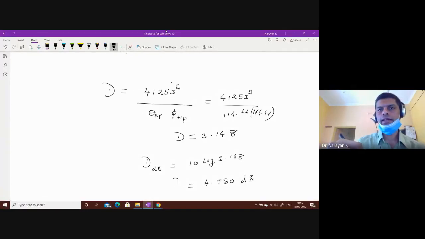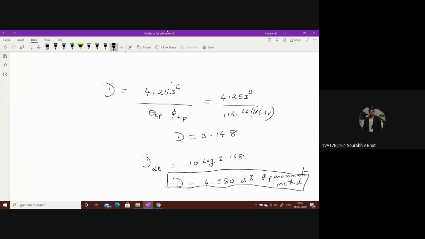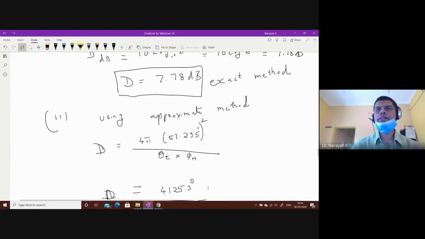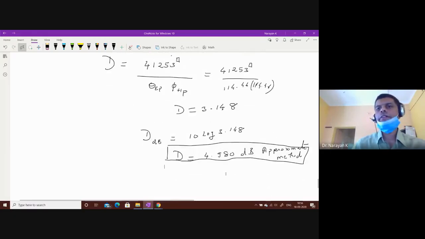So, this directivity is your approximate method. Got it, all of you? Yes, sir. So using the exact method, we got a directivity of 7.78. Using the approximate method, we have got a directivity of 4.98.